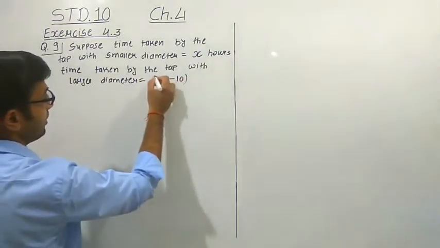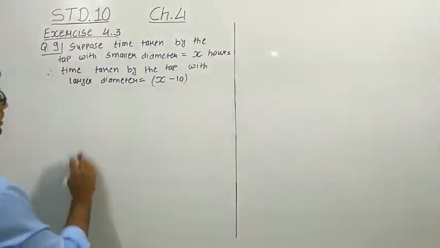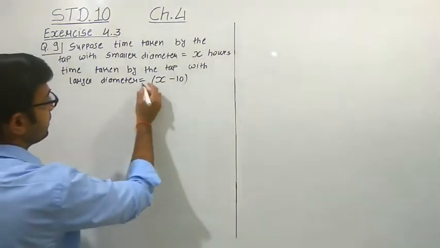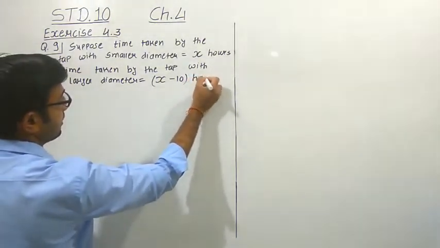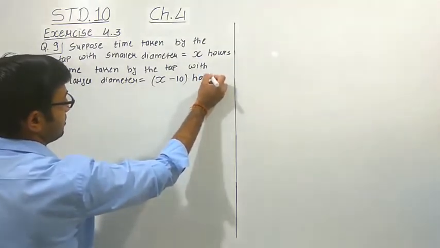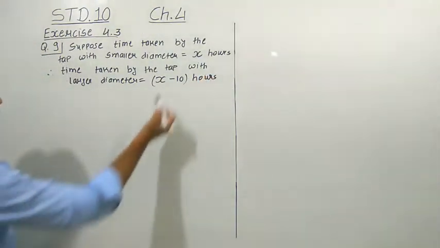So this is the time taken by the tap with the larger diameter to fill the tank separately, x minus 10 hours. So here is the one variable x.